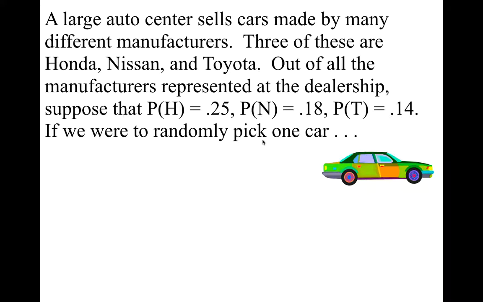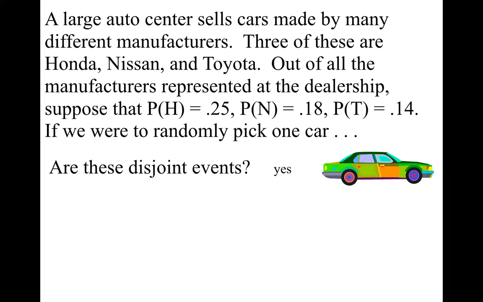Out of all the manufacturers represented at the dealership, suppose the probability of Honda is 0.25, the probability of Nissan is 0.18, and the probability of Toyota is 0.14. If we were to randomly pick one car, are these disjoint events? In other words, can you pick a Honda and a Nissan at the same time? Or a Toyota and a Honda at the same time? Are they disjoint?